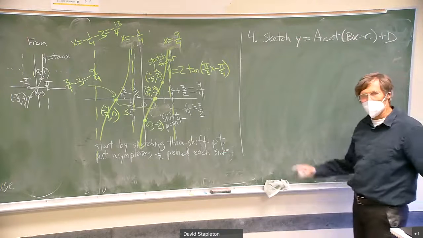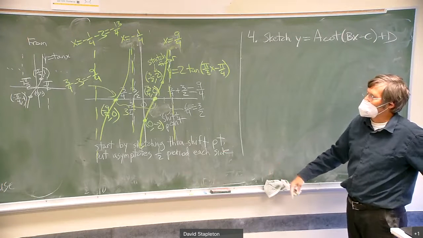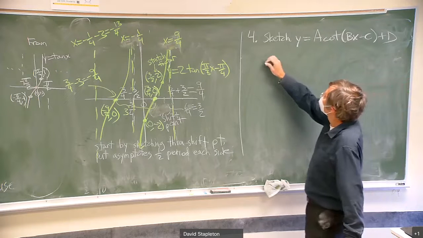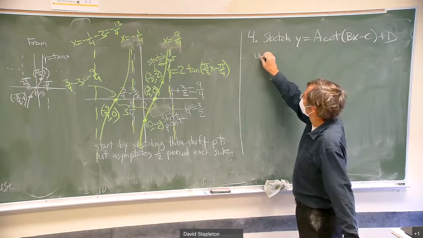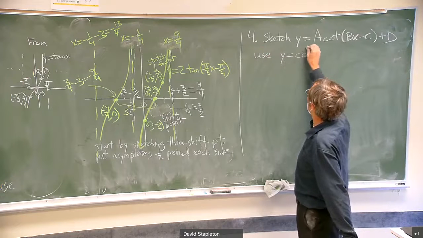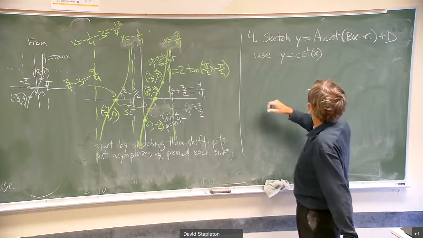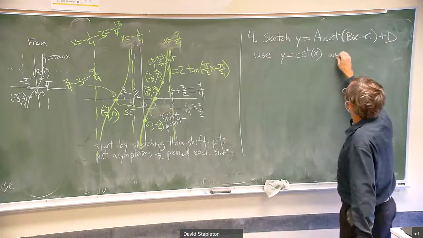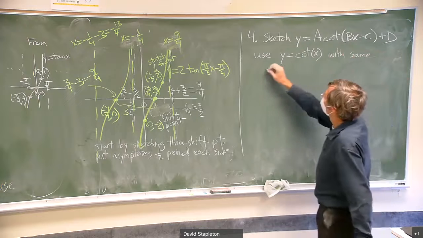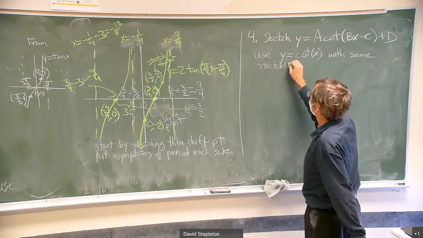And I'm going to show you a nice way to graph this. We're not going to go through and figure out points anymore on the unit circle. We can get this from tangent. So we're going to use the graph of y equals cotangent x and just stretch and shift it again, with the same stretching and shifting method that we use for sine, cosine, and tangent.